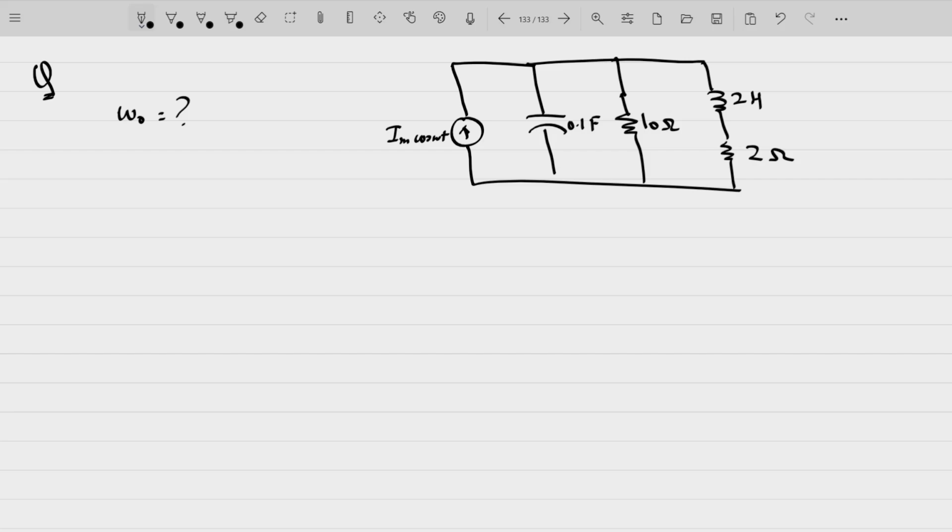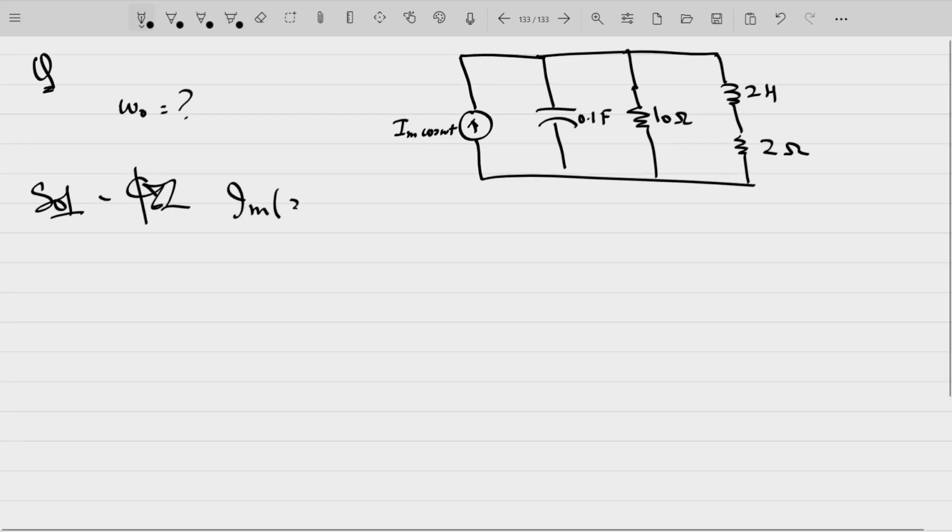Now this is not a simple parallel RLC circuit because with an L here we have a series resistance. So the formula omega naught equal to 1 by under root of LC is not actually valid here. As I told you, for such systems we need to find out Z and put the imaginary part of this Z equal to 0, and whatever value of omega we obtain will be the resonant frequency of the system.